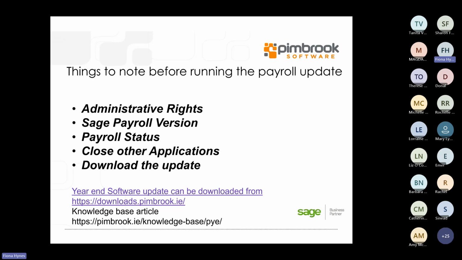Alternatively, you can download the payroll year-end update from our payroll year-end 2024 knowledge-based article. It was emailed to everyone on the 27th of November, and the link is on the screen now. Note that if you have a server or client setup, you will need to download the software from our link, as it has to be run twice on the first machine.